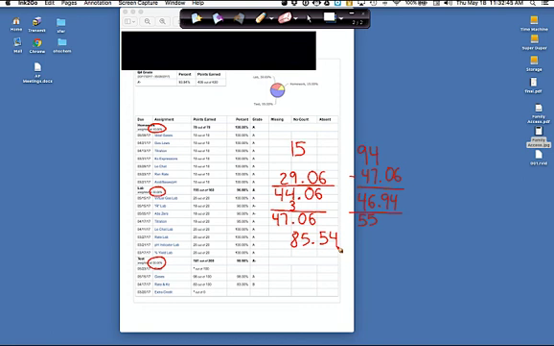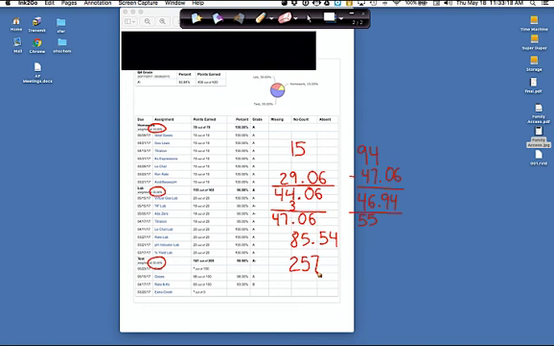But guys, after we've taken the final, how many test points will there be? 300. Three 100-point tests. So she needs 85.54% of 300 points. That is 257 points. Of those 257 points that she needs, how many has she already earned?